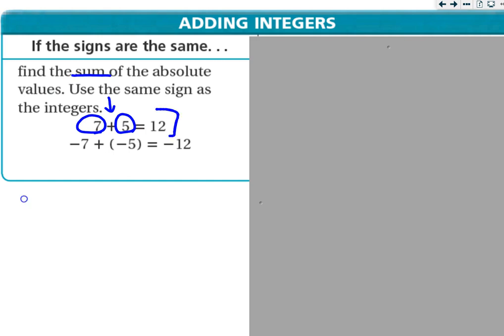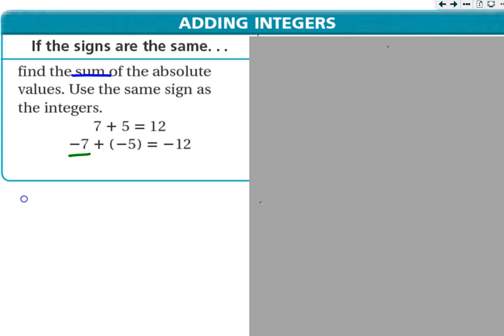Once you're done adding the numbers together, whatever sign was with your same sign numbers goes with the end result. Notice +7 plus a +5 gives you a +12. The next one right below that, this would be a good one to add to your notes, would be the negatives.